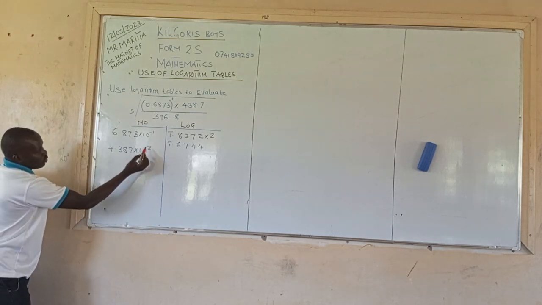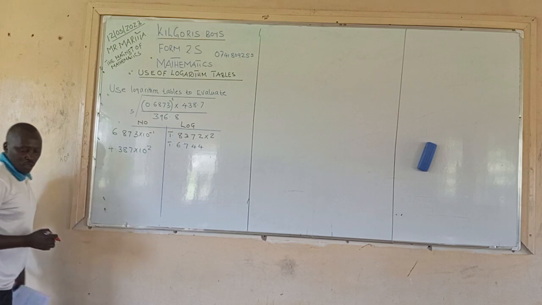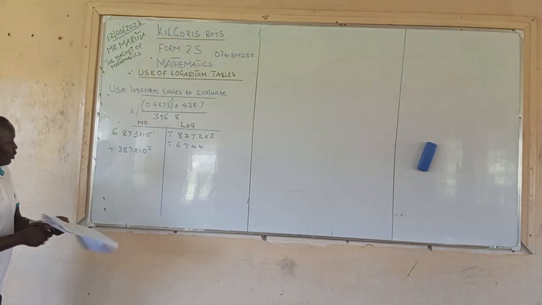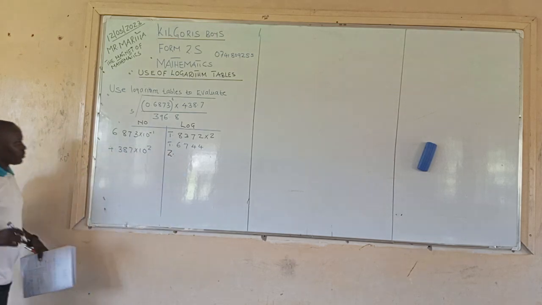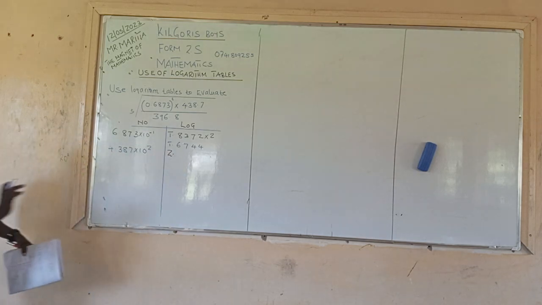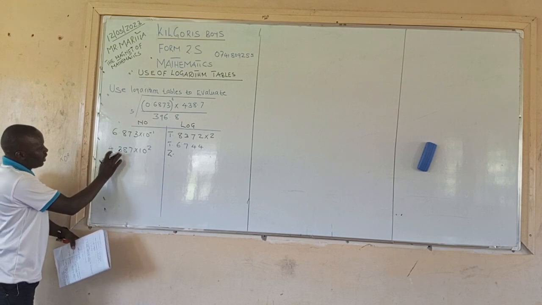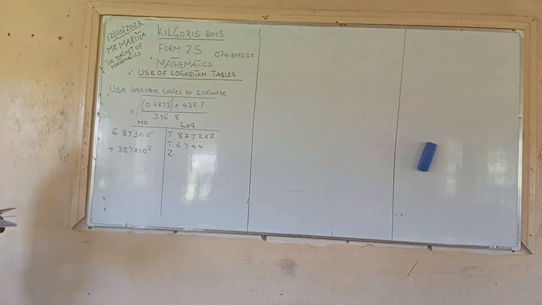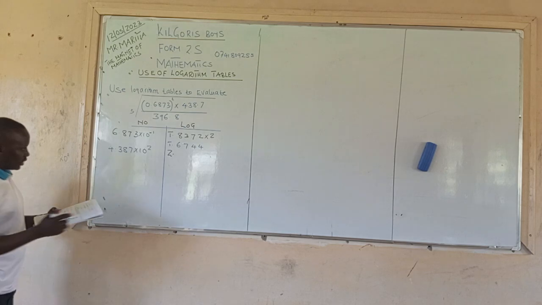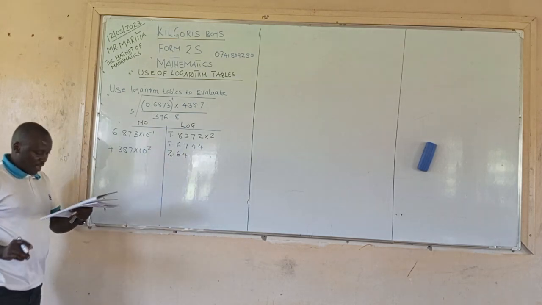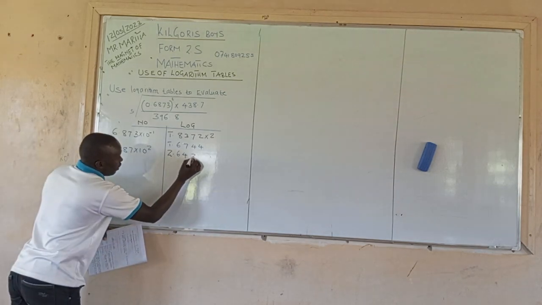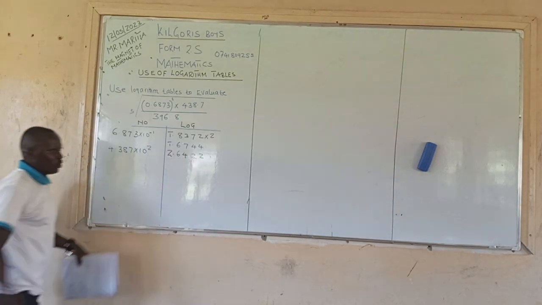So this positive 2 is what you bring here, and you write this as 2 point. Then we read the logarithm of 4.387 from the table, which is 6, 4, 2, 2. So we have 2.6422.